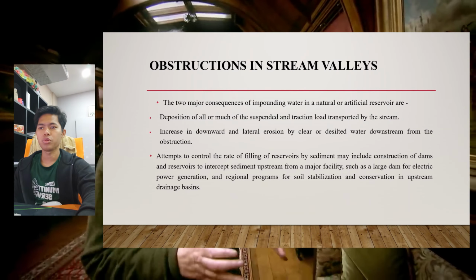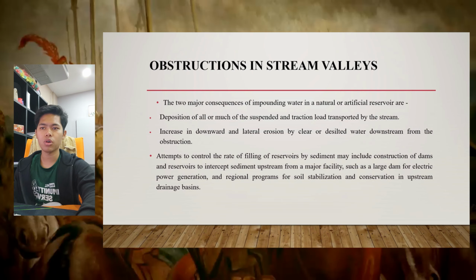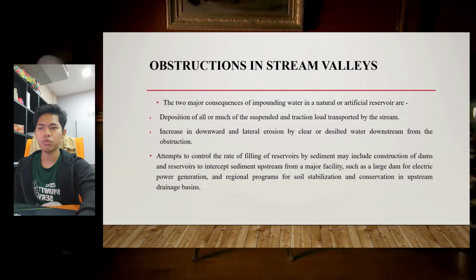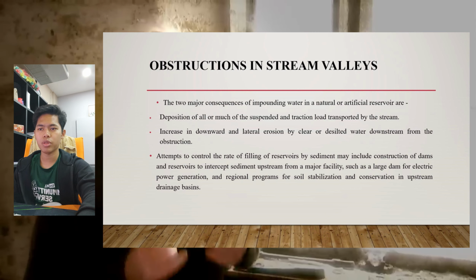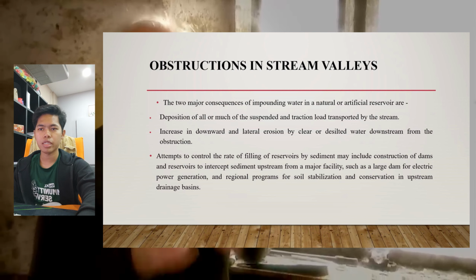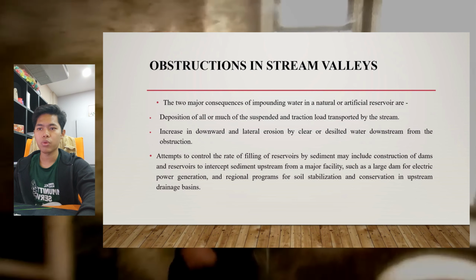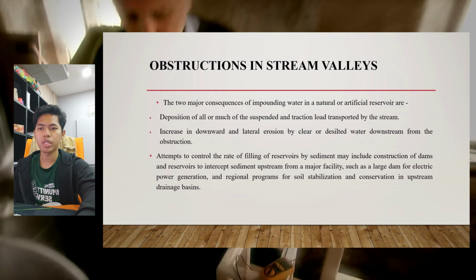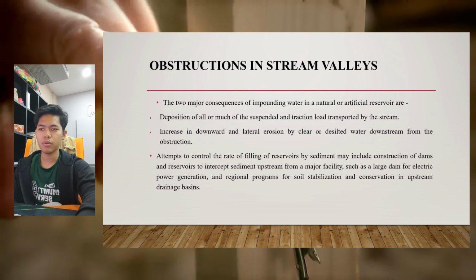Okay, now we're going to do the obstruction in stream valley. There are two major consequences of impounding water in a natural or artificial reservoir. There is a deposit of all the suspended and traction load transported by the stream, and an increase in downward and lateral erosion by clear or desilted water downstream of the obstruction.